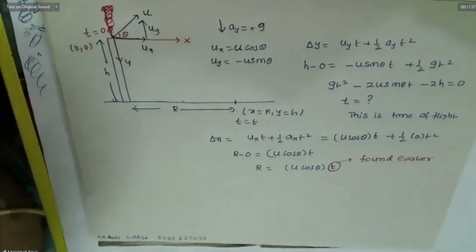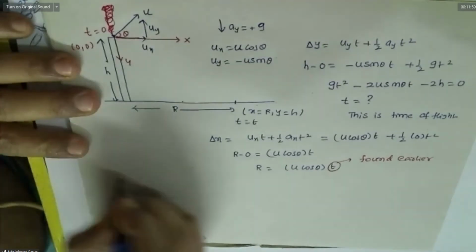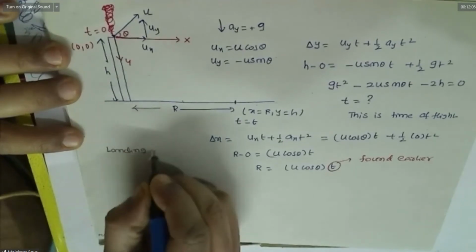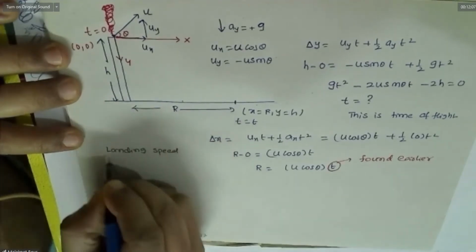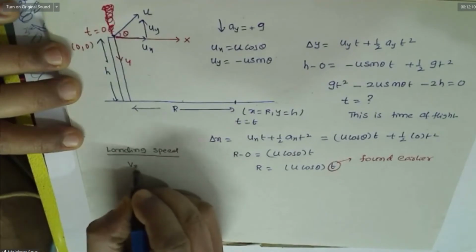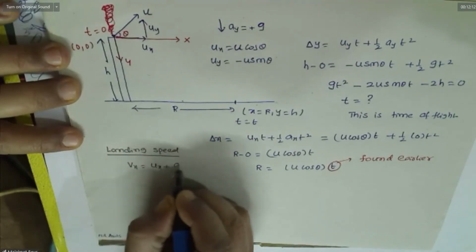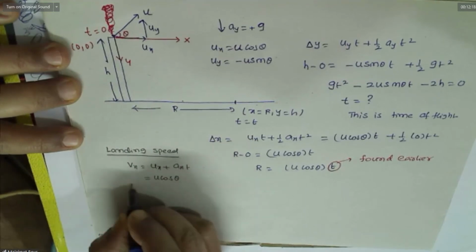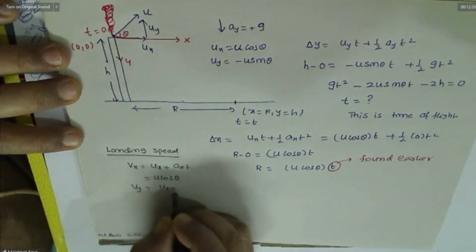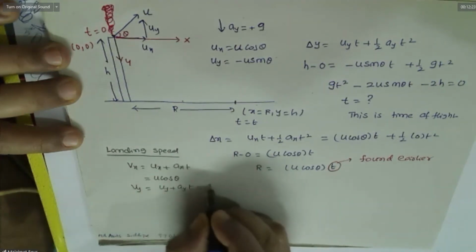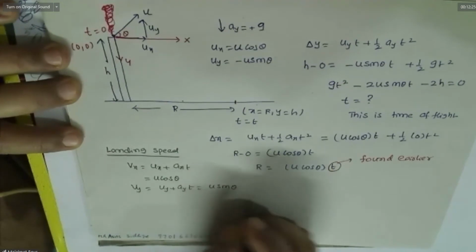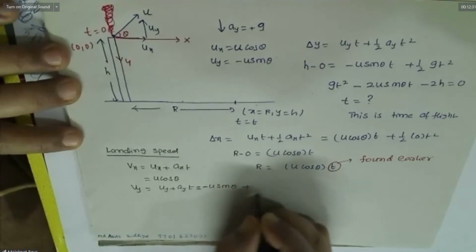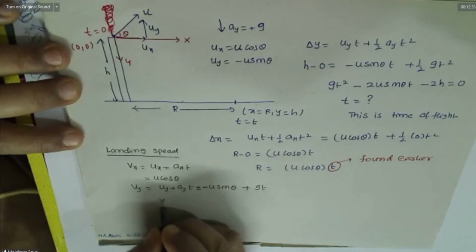Now suppose he asks the speed with which it lands, the landing velocity. Find Vx, and so we can get the velocity.